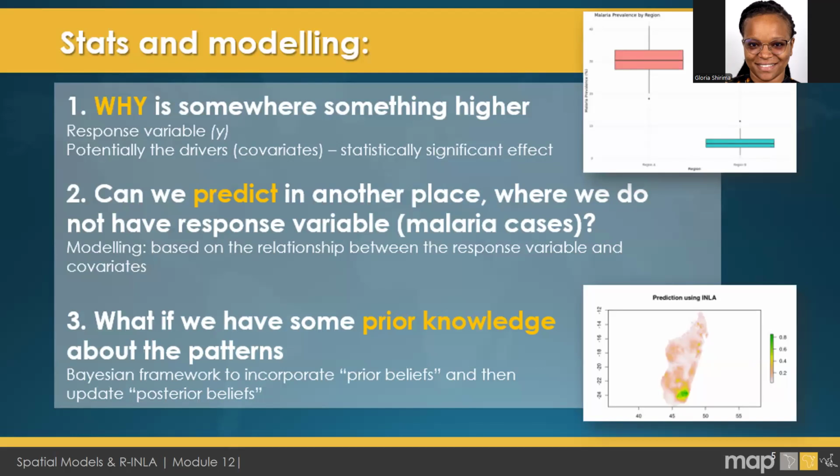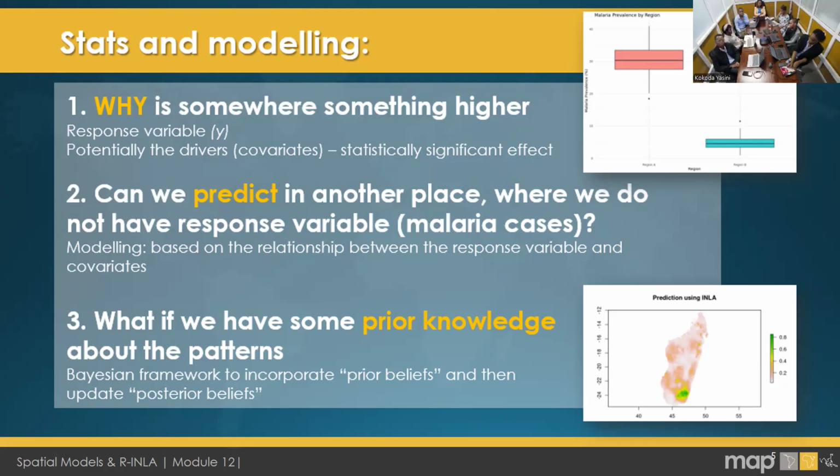We're going to see the Bayesian model in the next slides. This happens when we have prior knowledge of something and want more information on other places. So Bayesian frameworks incorporate prior beliefs and then update the posterior. Now that is, after knowing the prior, what next from the modeling perspective.